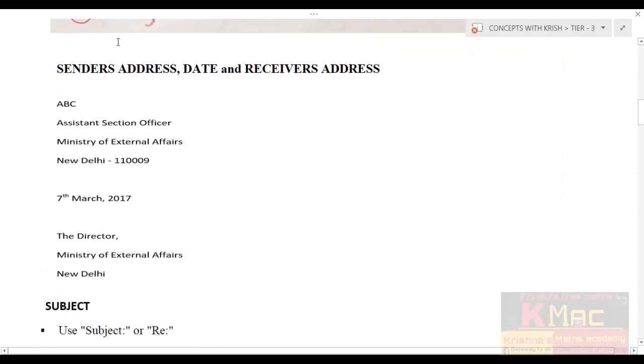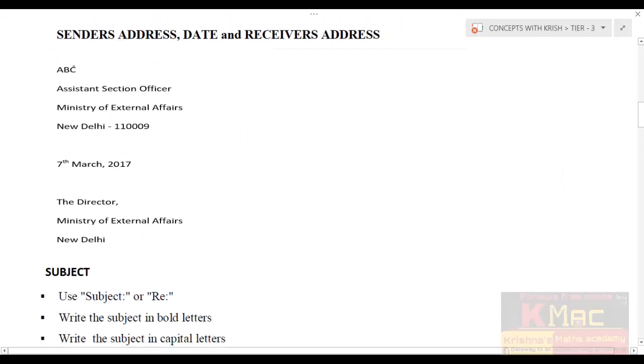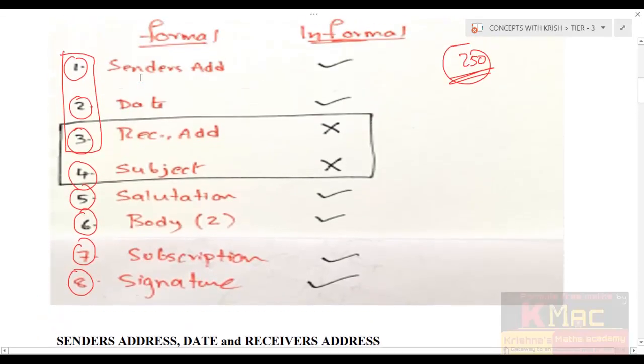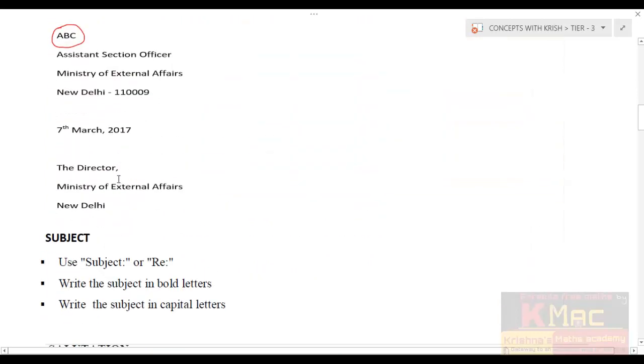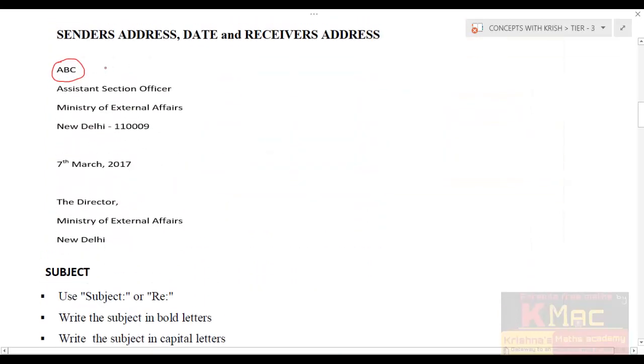So in a formal letter you have to write ABC. Suppose in the question they mention the name of the receiver, you have to write his name. First of all you are writing sender's address, date and receiver's address. Suppose your name is ABC. If in the question they ask you to presume yourself as some ABC or Naresh, whichever name they have given, the same name you have to use here.